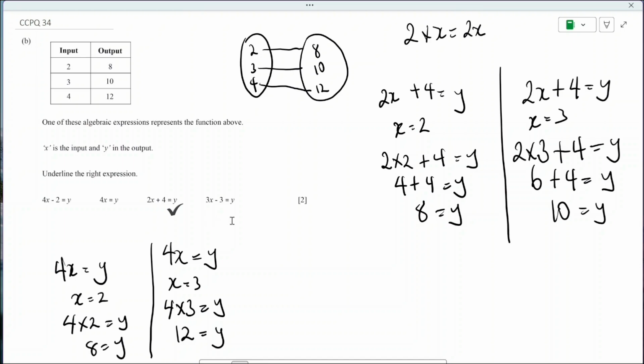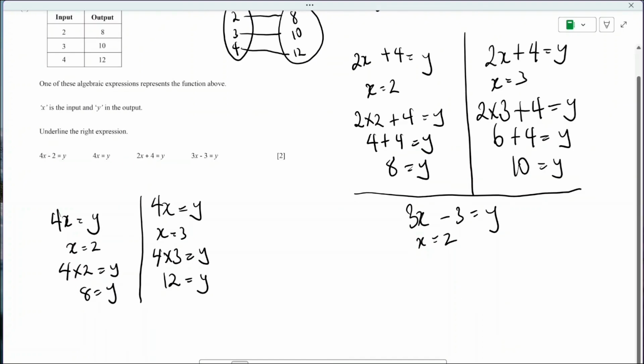You can try the fourth, which is 3x minus 3 equals y. You can try the first value. It won't work. If it doesn't work with the first value, you've confirmed that it's not the right answer. Let's just attempt it here. We have 3x minus 3 equals y. When x is 2, what's y? We have 3 times 2 minus 3 equals y.